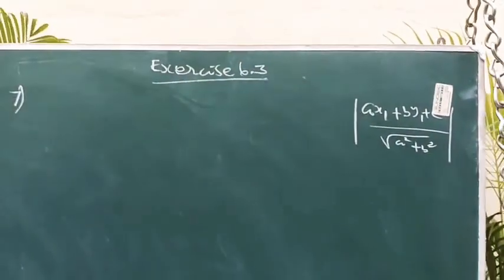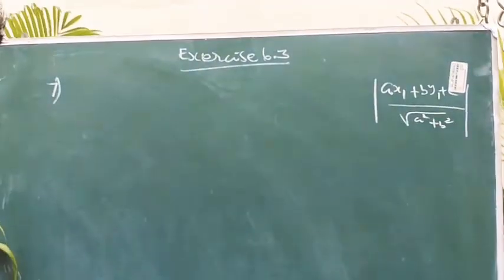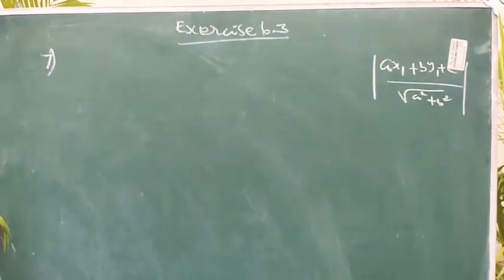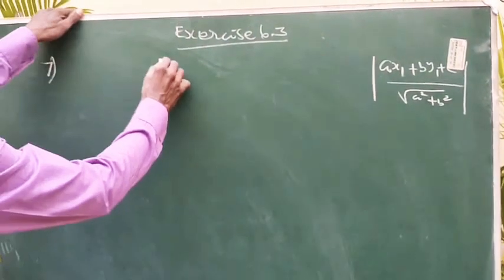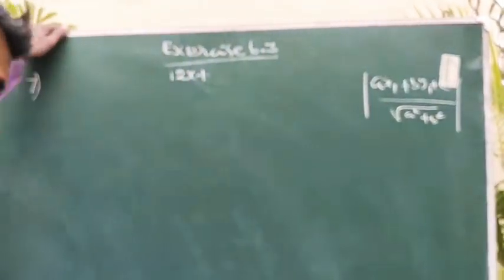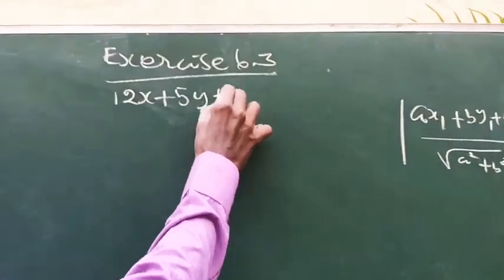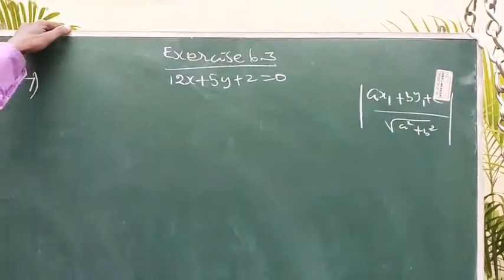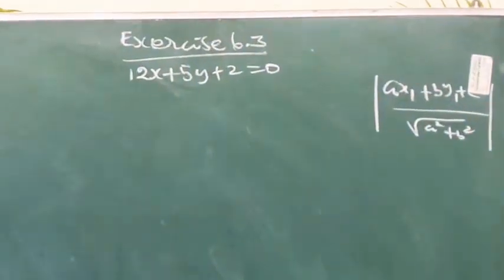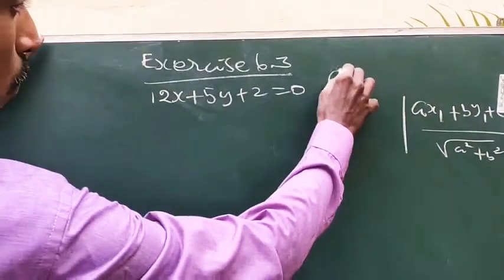I think we already completed up to the 6th one. Now the 7th one is: find the equation of two straight lines which are parallel to the line 12x plus 5y plus 2 equal to 0, and at a unit distance from the point (1, -1).